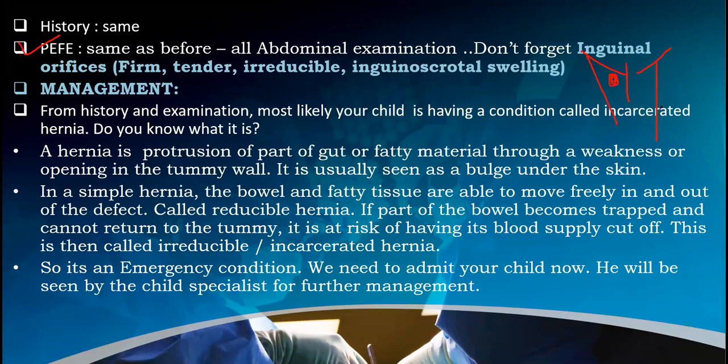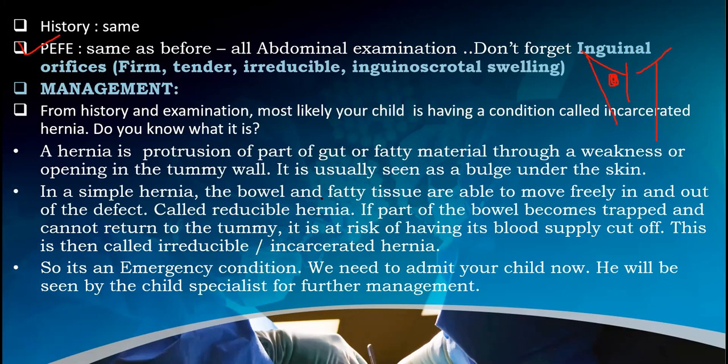Okay, nothing much. So say that, well, a hernia is a protrusion of part of the gut or fatty material through a weakness or opening in the tummy wall. It is usually seen as a bulge or a lump under the skin.